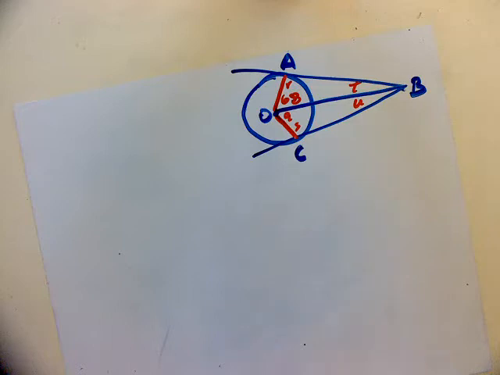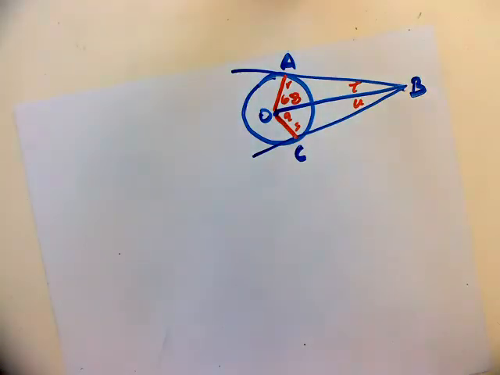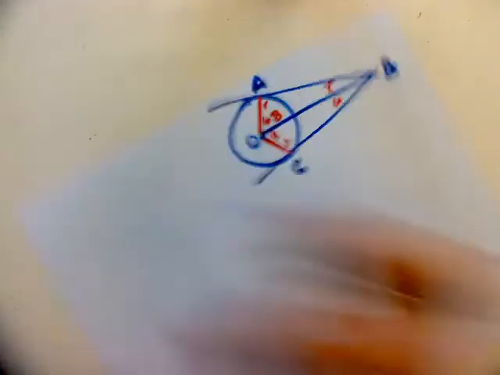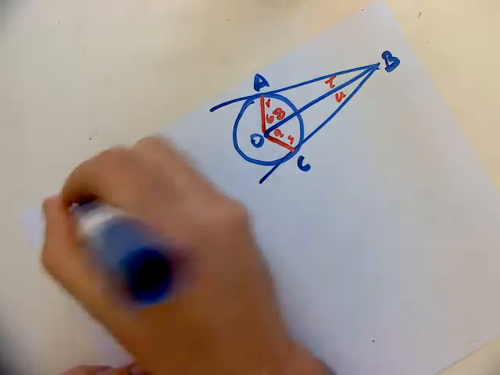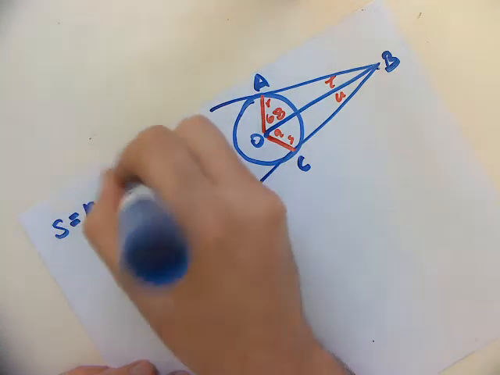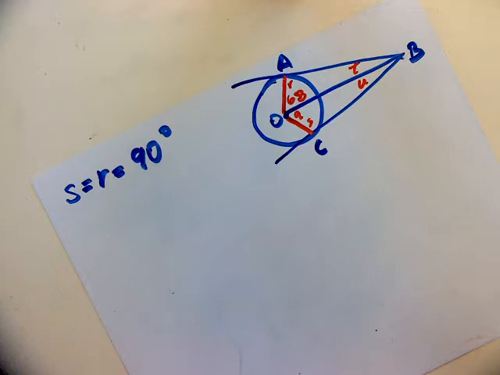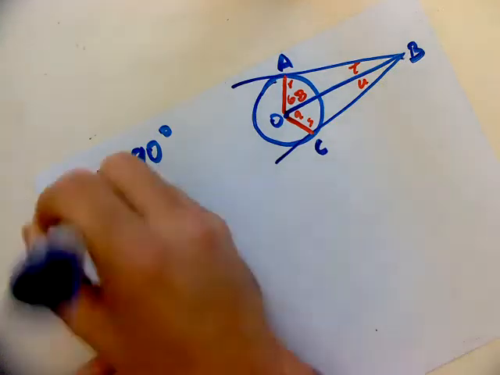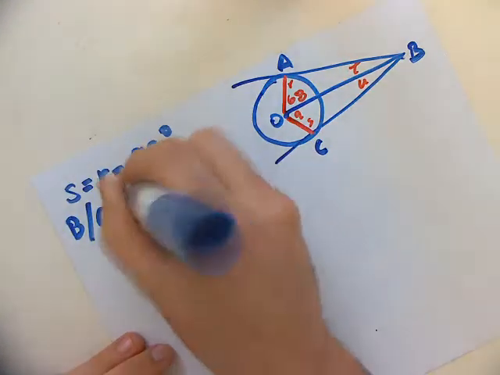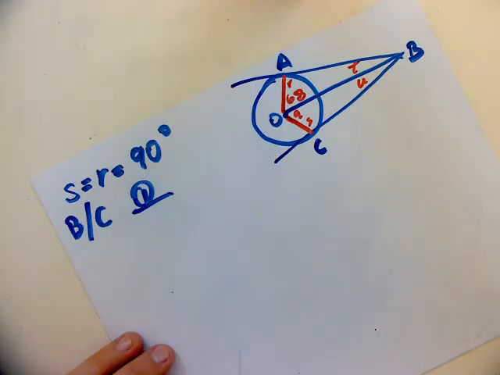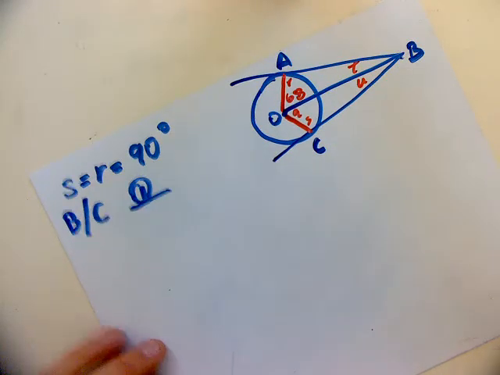Okay, we have a fair bit to work out, but straight away I can see another one of our theorems in this that's going to make our lives a little bit easier. I see a tangent and I see it joining the origin, so forming a radius. So that means that S is going to equal R, and they're both going to equal 90 degrees, because of our fourth theorem.